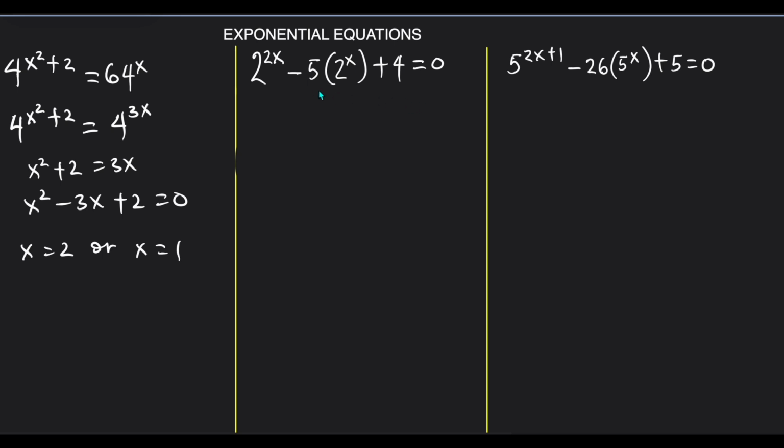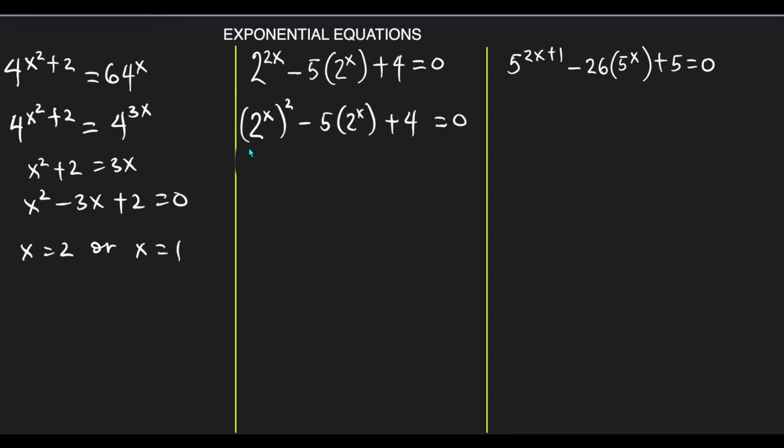In the second case now, this is the case where you have to first reduce the exponential equation to a quadratic form before you can solve. That is, we can break this down as 2 to the power of x all squared minus 5 times 2 to the power of x plus 4 equals 0.